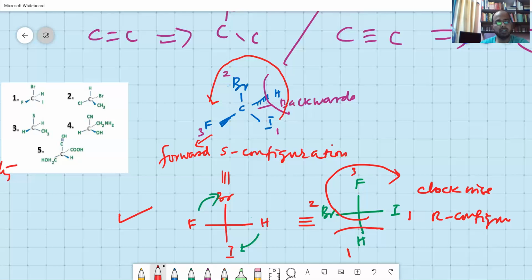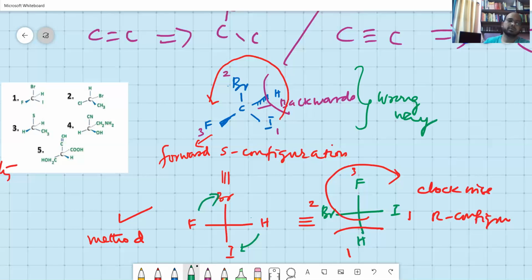This is the right method. Here it goes wrong. Or one more thing is, in most cases, if they give you the sequence, that is the wedged thing, you can directly try to put it that way also.